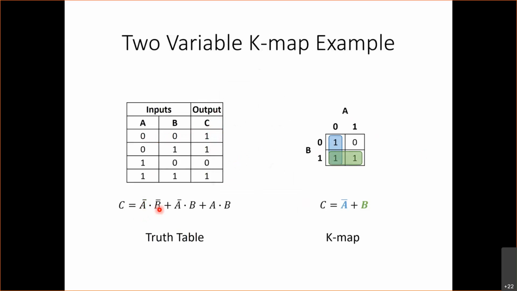And when B is 0, not B is going to be 1. So here, when A is 0 and B is 0, then not A and not B will be 1 and 1. So that will be 1. And then 1 or anything else is going to be 1. So in this case, C will be 1. So that is why here when we have A is 0 and B is 0, then C is 1. This will produce a term in our equation which is not A and not B.